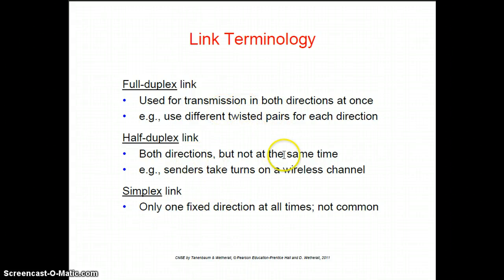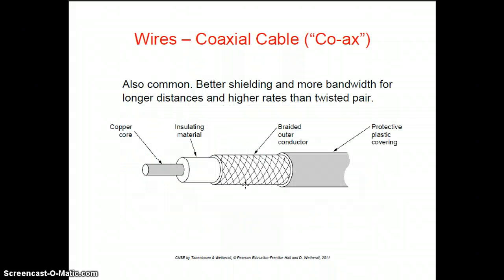Each one has a different characteristic, a different bandwidth, and a different rate of transmission. As an example, for unshielded twisted pair, we have different categories: Cat 5, Cat 6, Cat 7. All of them have a different rate of transmission.